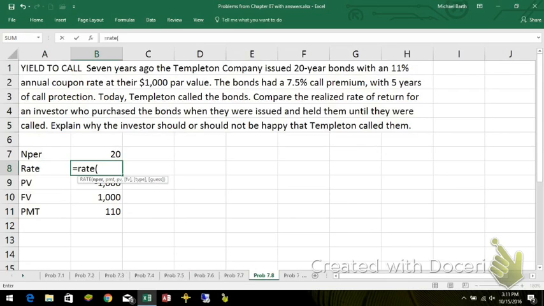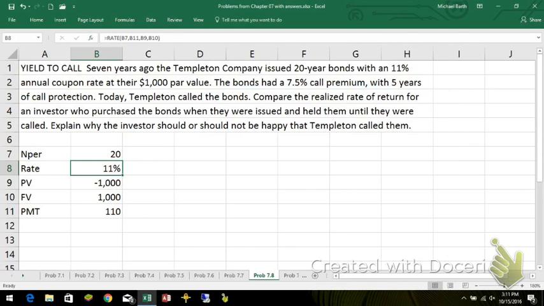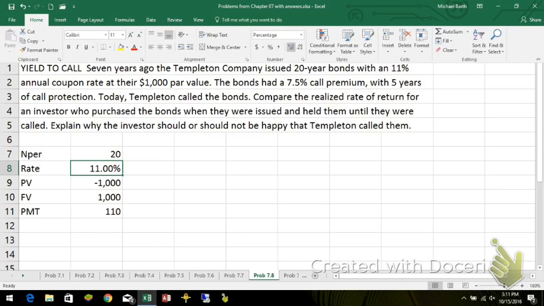Let's solve for the rate here. And that would have been 20 periods, payment of $110. An investor would pay $1,000 for that, $110 a year, and then receive $1,000 at the end of 20 years. So that would have been the rate of return that they were earning.